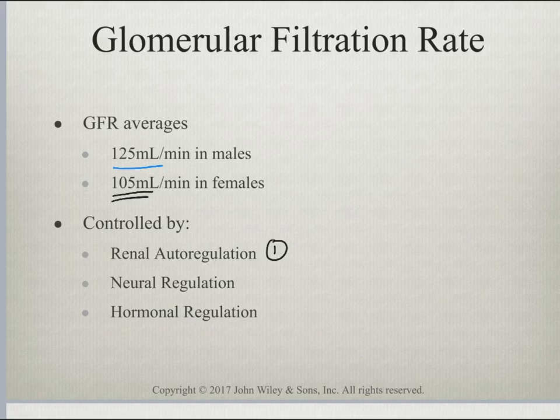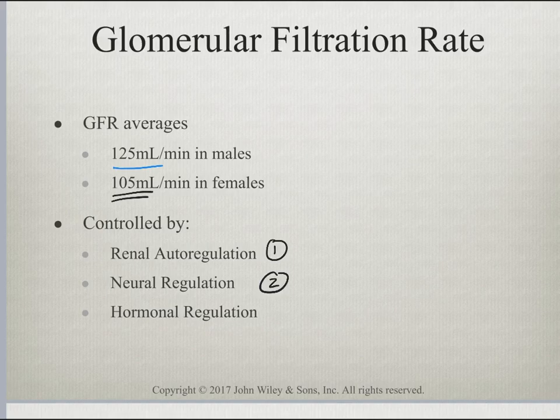One, renal autoregulation. The kidney has the ability to autoregulate itself, so it can control the blood pressure, either increasing or decreasing it to artificially increase or decrease GFR. Secondly, we have neuroregulation.